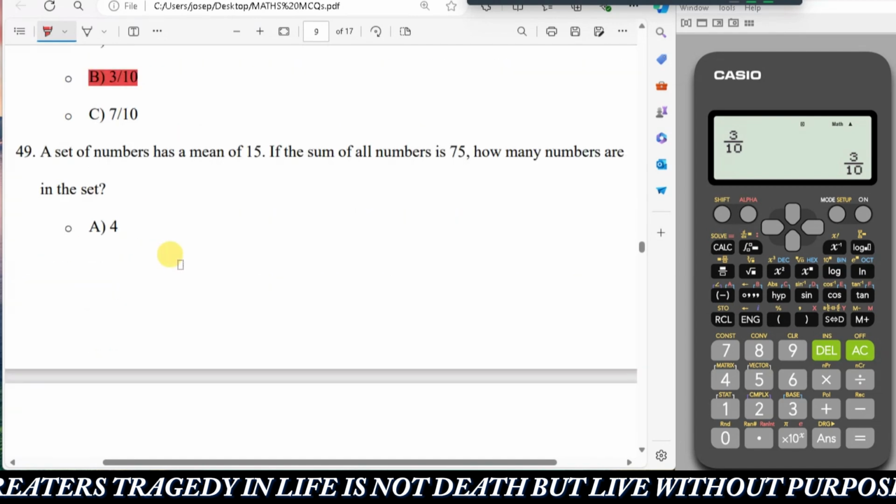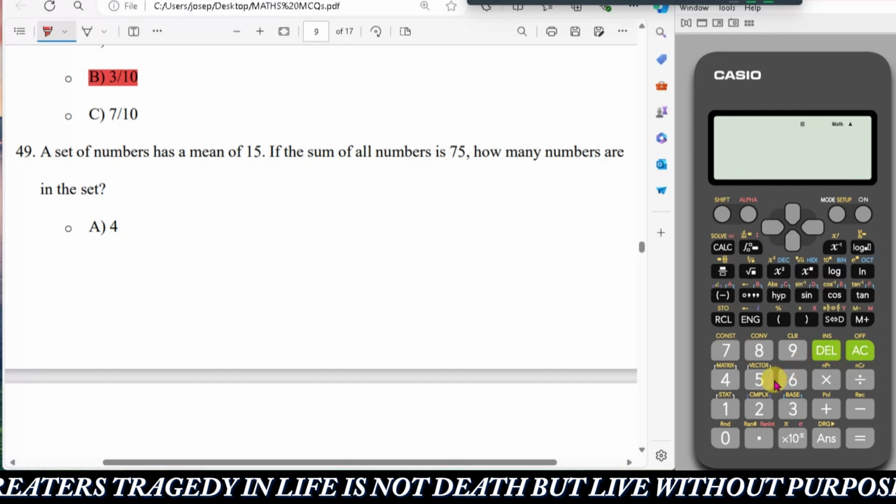49. A set of numbers has a mean of 15. If the sum of all numbers is 75, how many numbers are in the set? Alright. So the mean is 15 and the sum is 75.